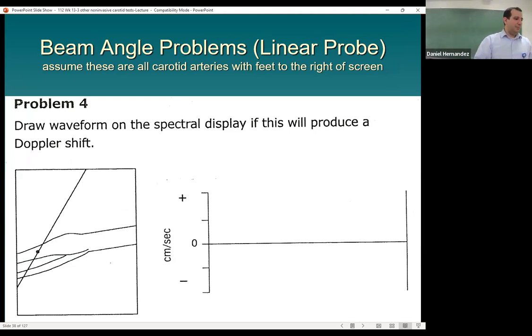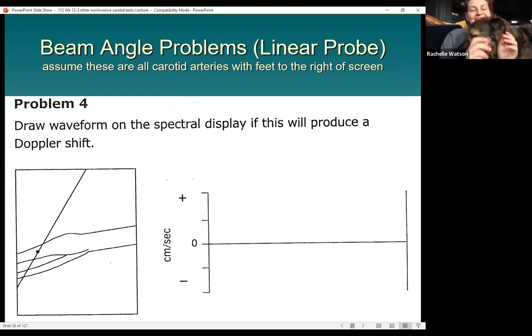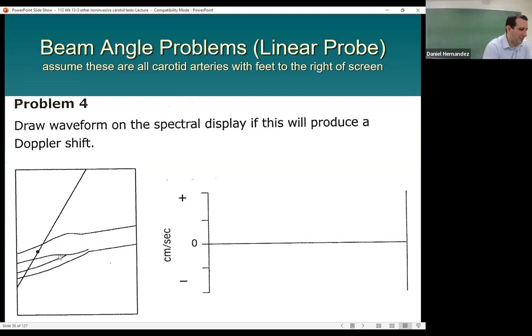Are we going to have a positive shift or a negative shift now? Negative, yes, negative. So this blood flow is going away from our transducer. The ultrasound beam's coming this way, blood flow is running away from that ultrasound beam.